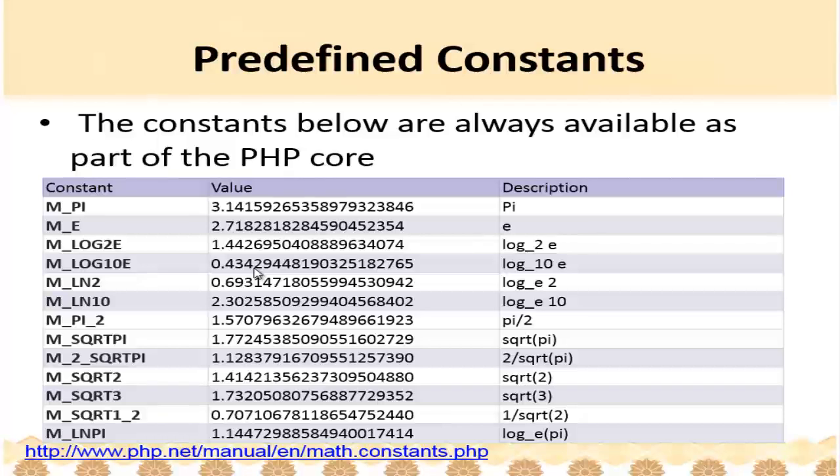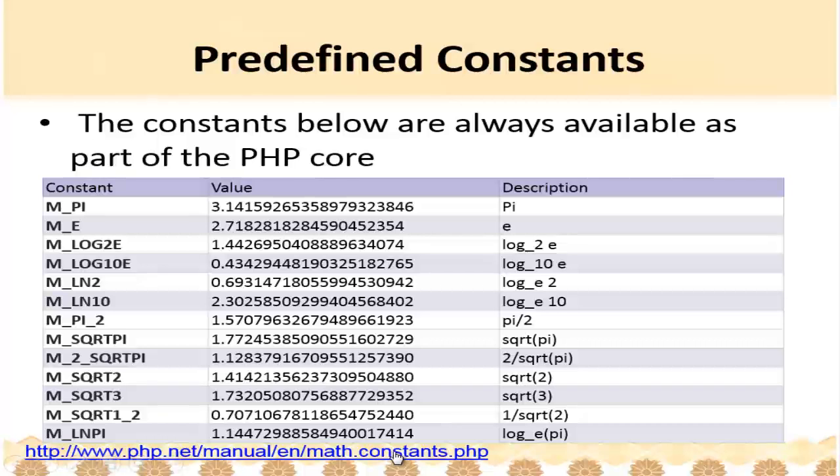And like all the other programming languages, you have a lot of mathematical constants that you can use. For example, you have pi, M_PI. If you use it, you will get the value of pi, which is a very lengthy number. Again, you have the exponential constant, log to the base 2, log to the base 10, and so on.